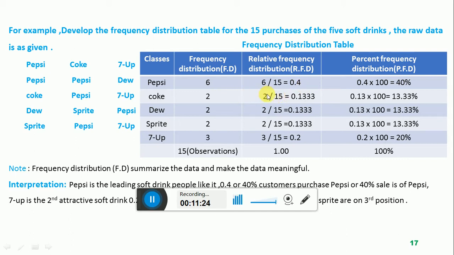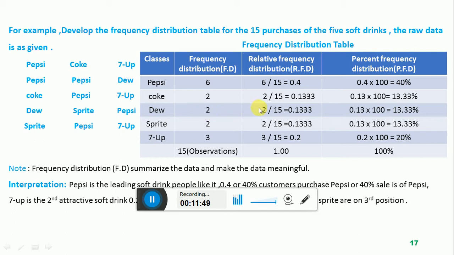Relative frequency of the second class: frequency 2 divided by the total observations 15, so 2 by 15 is equal to 0.1333. This is the RFD of the second class, Coke. Similarly, we can compute the relative frequency distribution of the third class, Dew.